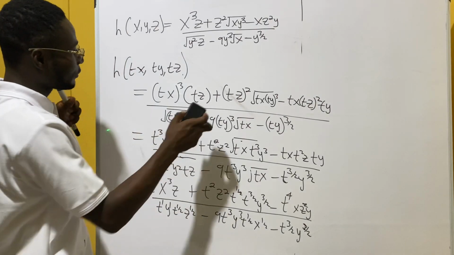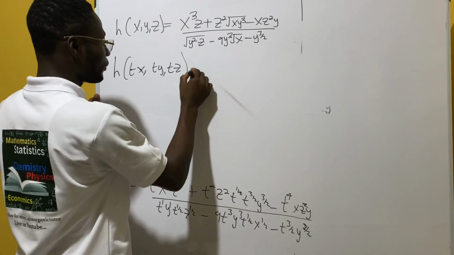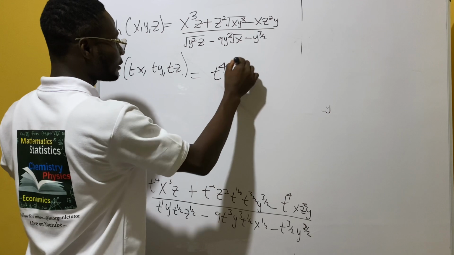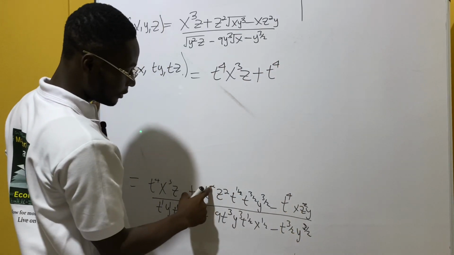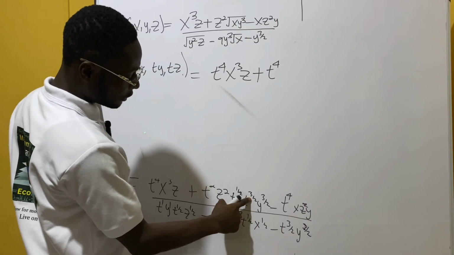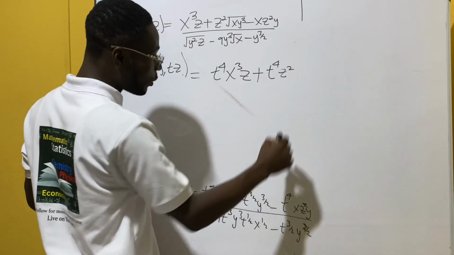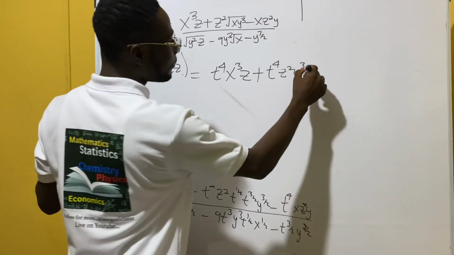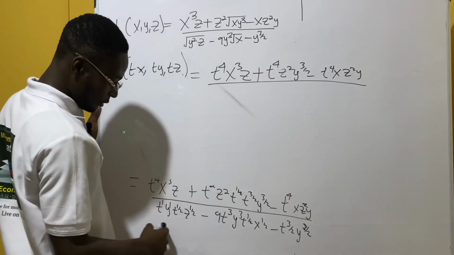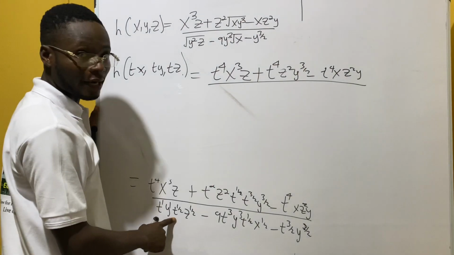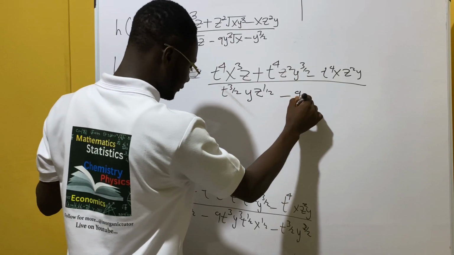So let's go up. Here we have t power 4 x power 3 z plus t power 4, this squared, and this is 3 on 2 plus half, and that is 2, so 2 plus 2 is 4, then z squared y power 3 on 2, minus t power 4 x z squared y, all over t power 1 plus t power half, which is t power 3 on 2 y z power half, minus 9 t.